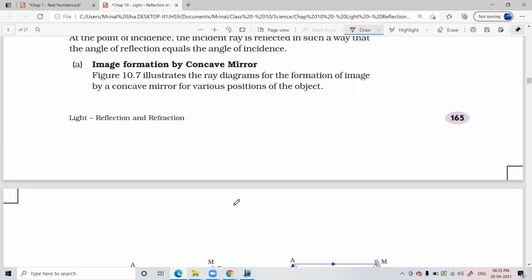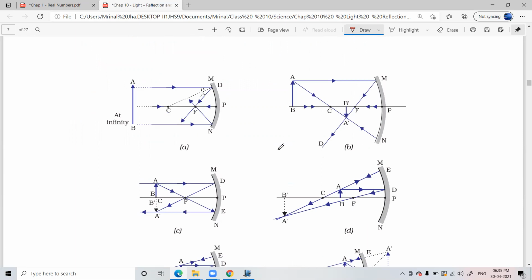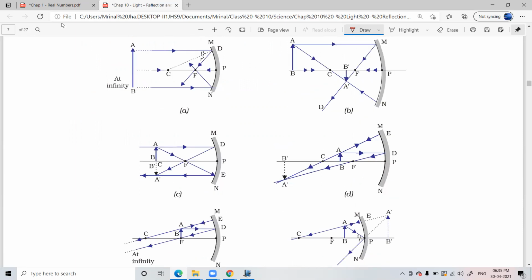Now the next thing we have to do is image formation by concave mirror. These are the 6 ray diagrams associated with that. This is what you will call ray diagrams for concave mirrors.